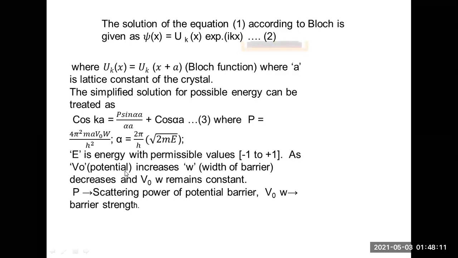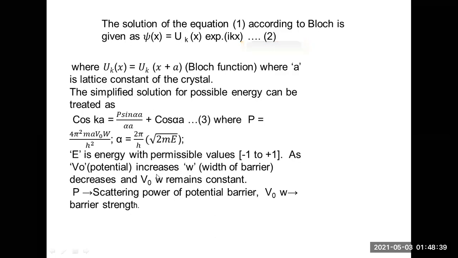V naught is the potential, I already told you, the minimum value of the potential. Definitely when you talk about the electron, you'll have a potential. As V naught increases, the width of the barrier decreases. I just told you that the square well has some dimension, and that dimension we call the width of the square well, or the potential barrier.